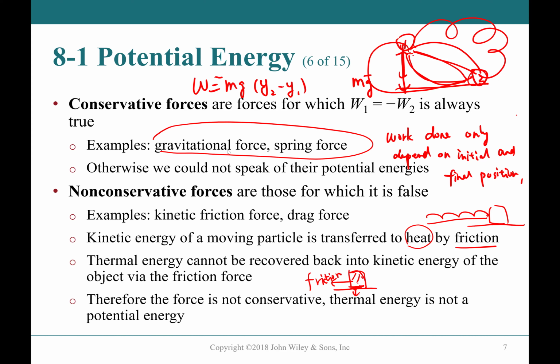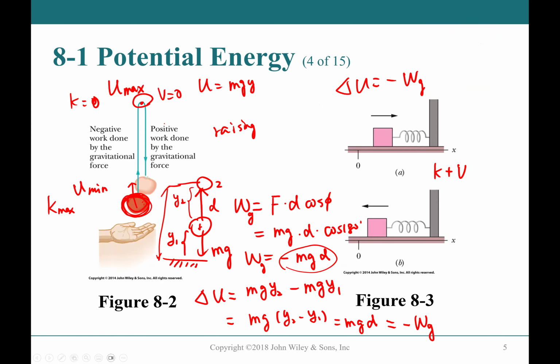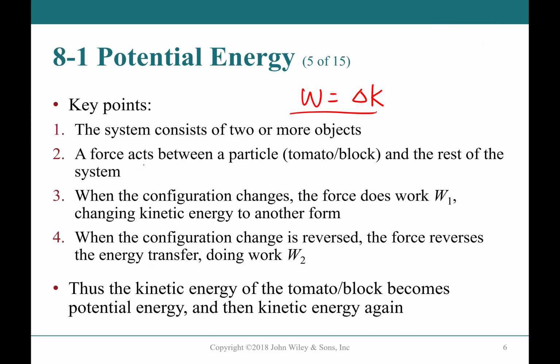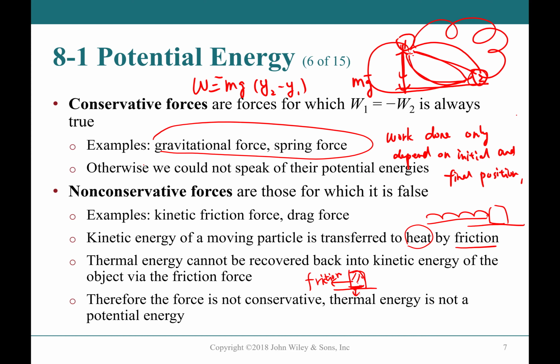But for gravitational potential energy, kinetic energy and potential energy can be transferred to each other, like in the previous picture. See here, you have a lot of kinetic energy. When you go to here, you have zero kinetic energy but maximum potential energy, and then when the force brings it back, you are going to have smaller potential energy but bigger kinetic energy. So for a conservative force, the energy can be transferred through the forces.